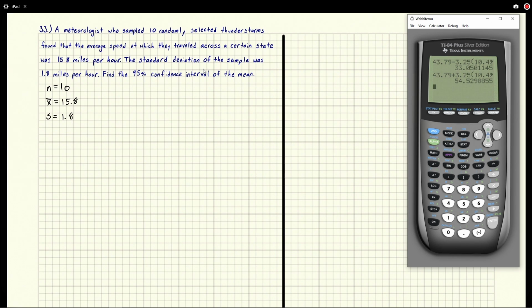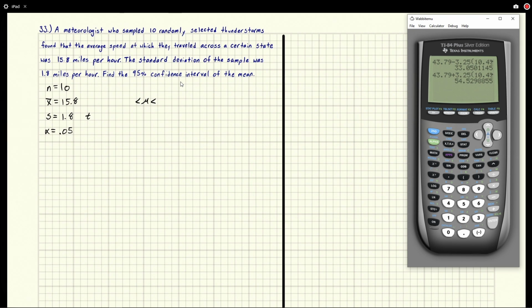Because we were given a sample standard deviation, we also know we're using a t distribution. And our n is also very low, which is another clue. Now find the 95% confidence interval. If we have a 95% confidence interval, that means our alpha is whatever's left, in this case 0.05. And all confidence intervals are two tails, because there's a true mean, and there's going to be stuff below it and stuff above it.